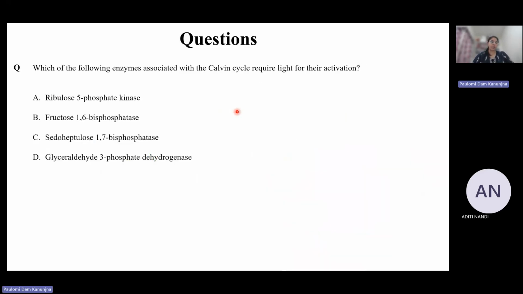Yeah, the last question for today. Which of the following enzymes associated with the Calvin cycle requires light for their activation?